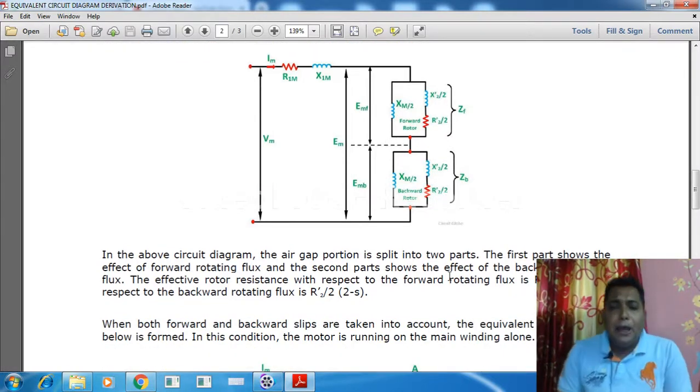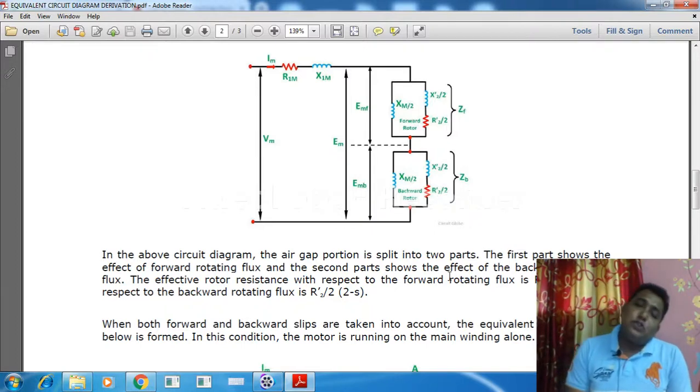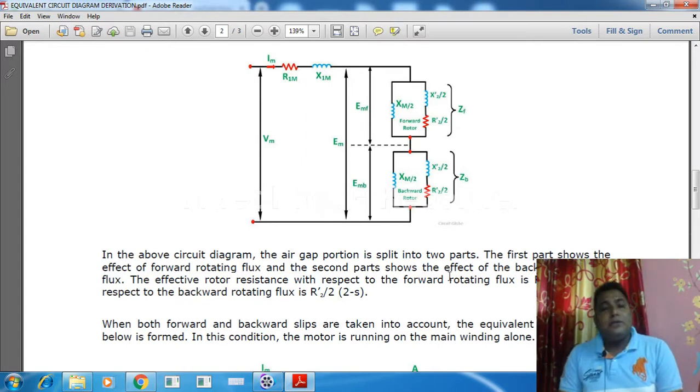Here one thing we have to change. In the above diagram, the air gap portion is split into two parts. Yes, we have split it. The first part shows the effect of the forward rotating flux, and the second part shows the effect of the backward rotating flux.